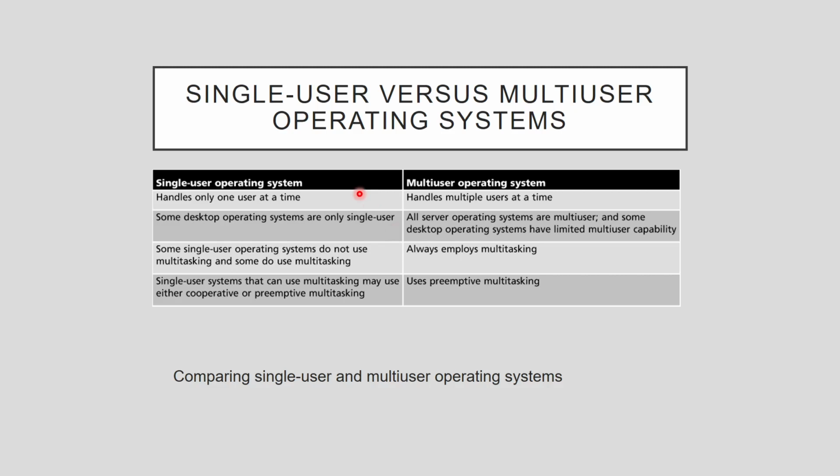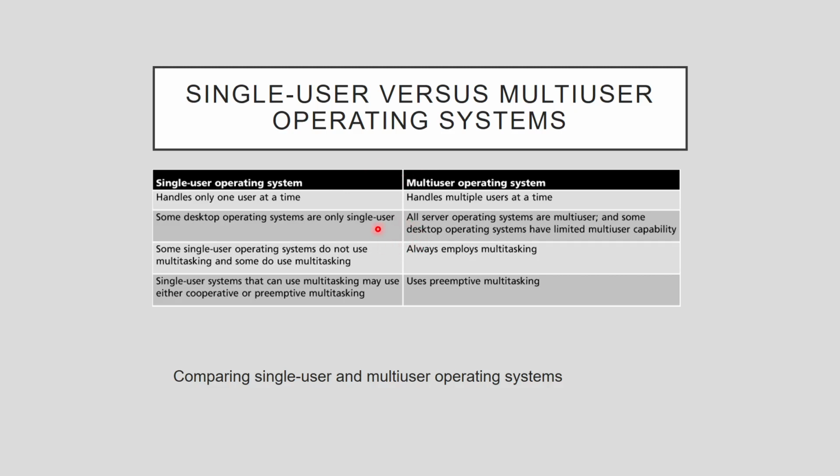Now, this table shows the comparison between the single user and multi-user operating system. Some operating systems are able to run multiple programs at the same time with multitasking technology, which allows multiple users to use an application simultaneously.